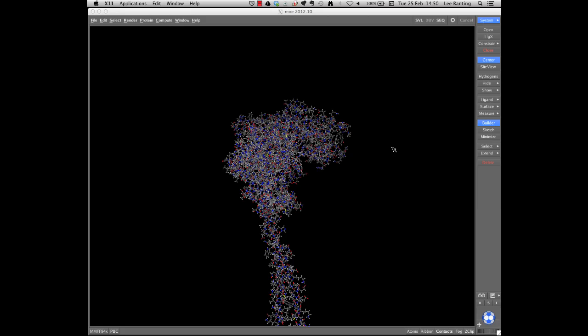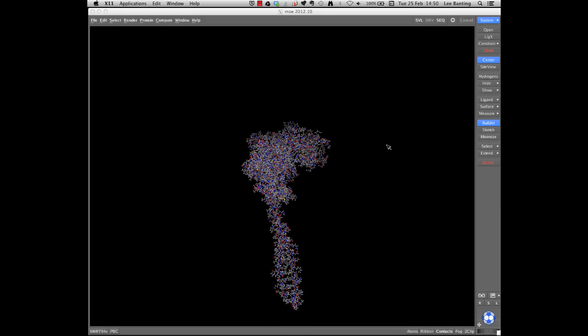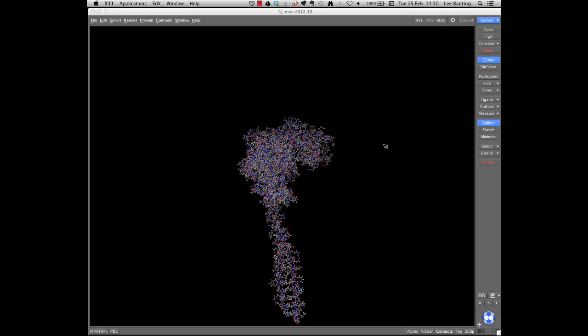Here is our molecule with all its hydrogens on, much more recognizable colors, red, white and blue, so red oxygen, blue nitrogen, white hydrogen.